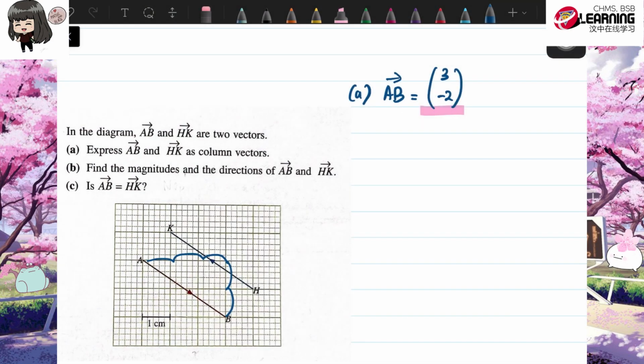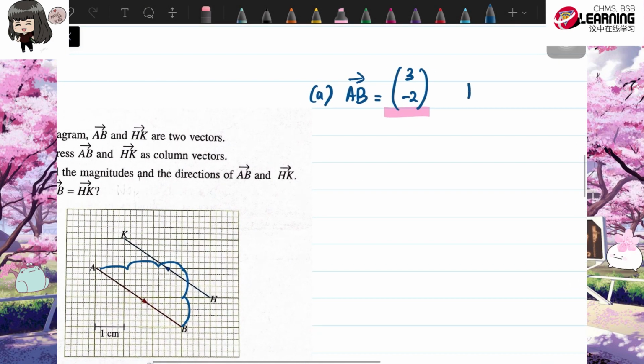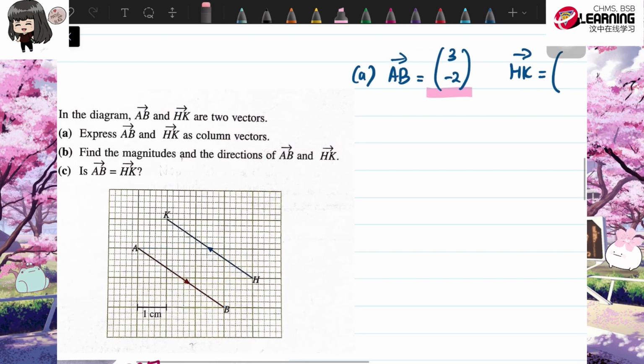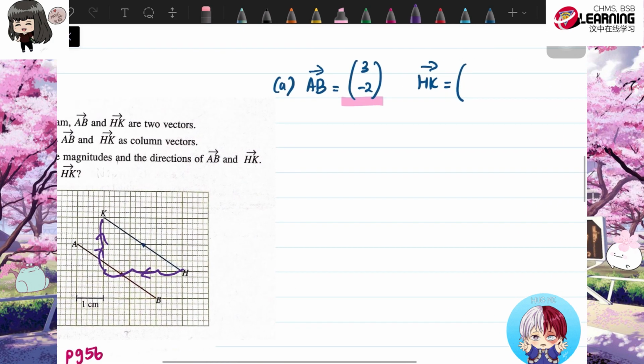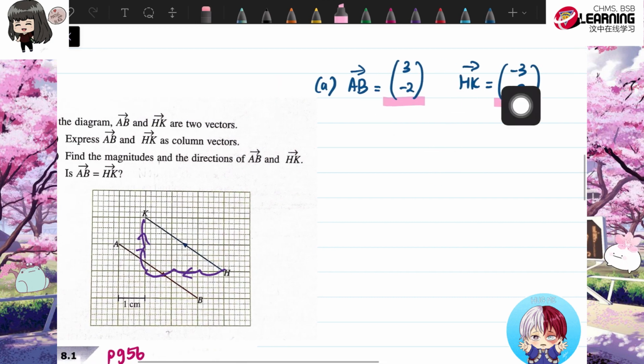And for your HK, you look at the arrow. HK is going to the left first and going up. So it's negative 3 and positive 2. You see this? AB and HK, they are different.